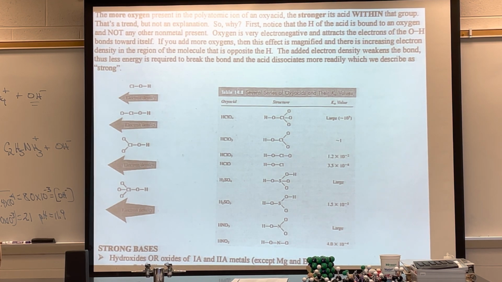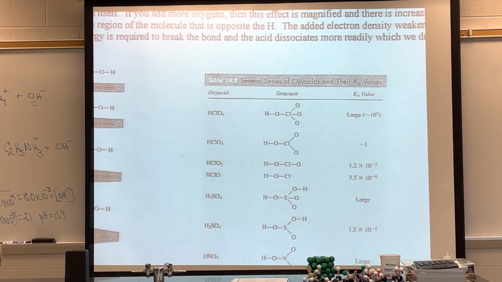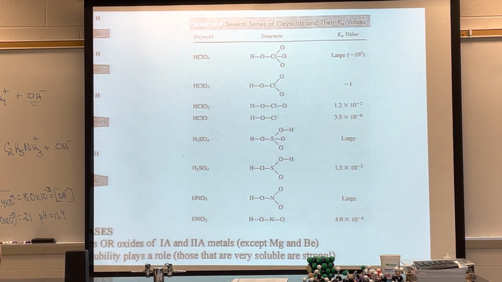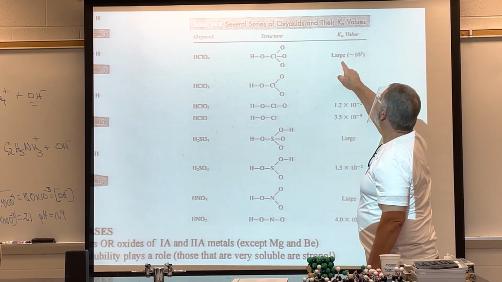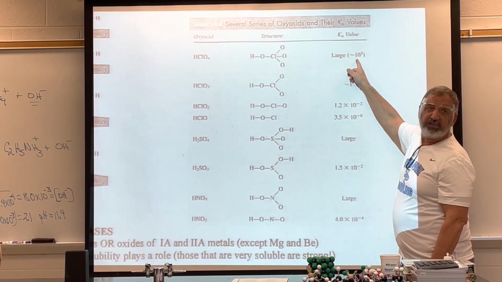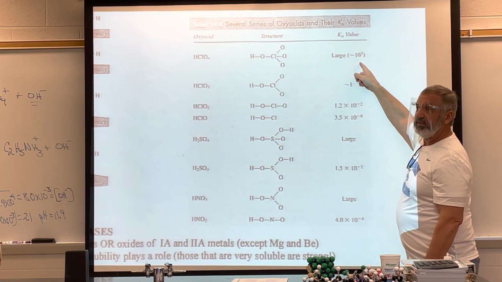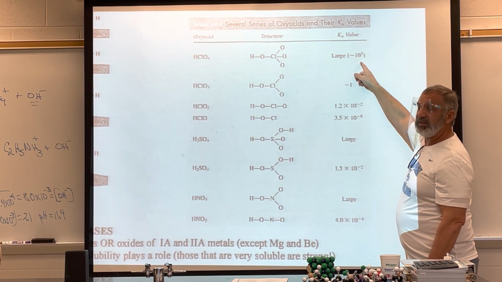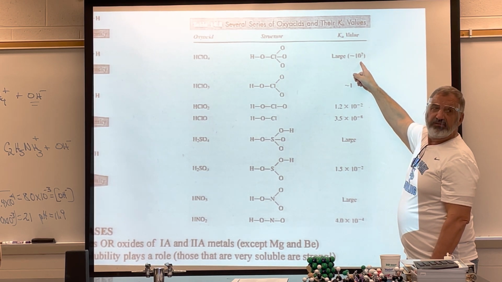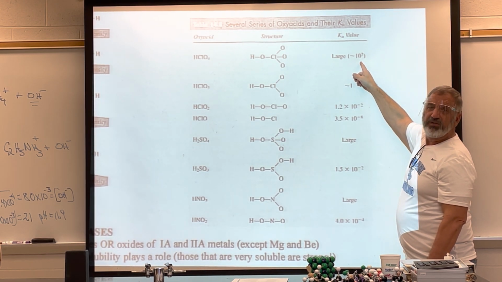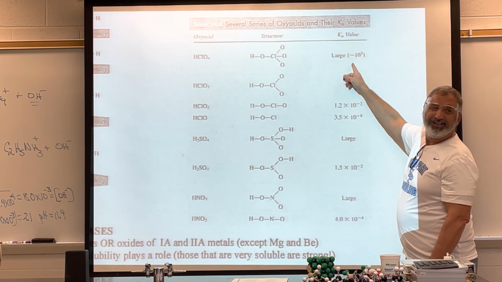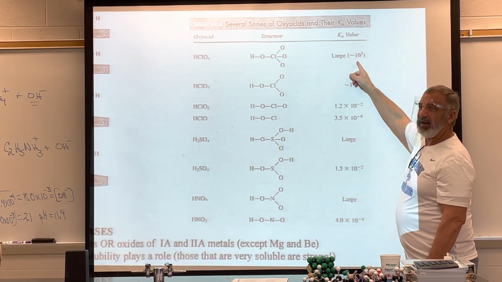So we can just look at this table. HClO4 has a Ka that is super large, somewhere around 10 to the 7th, but it's really approaching infinity because it's almost 100% ionized. 10 to the 7th is 10 million. 10 to the 6th is a million. So that's the value of K, the amount of product over reactant.